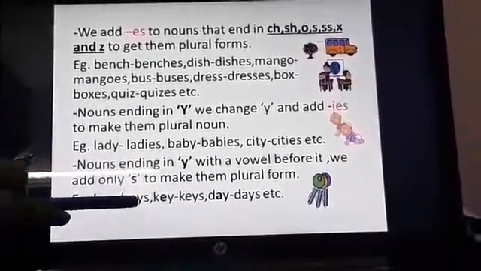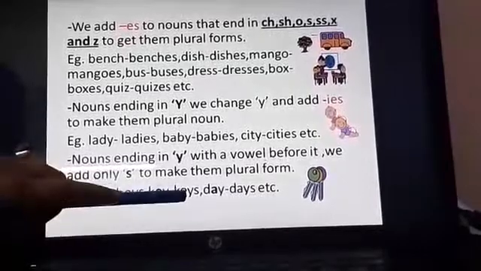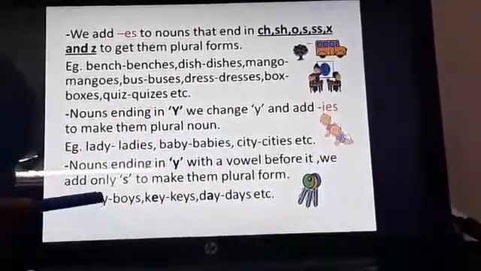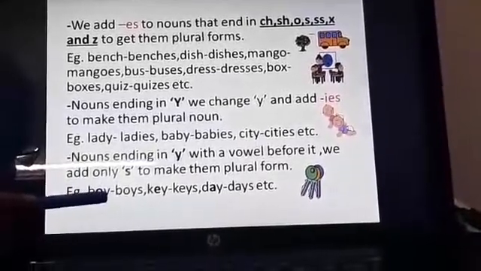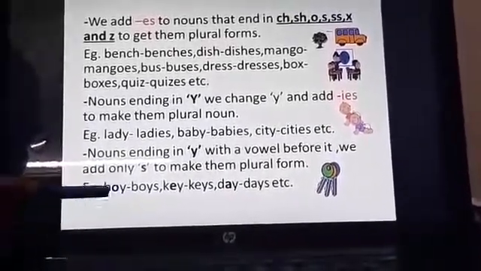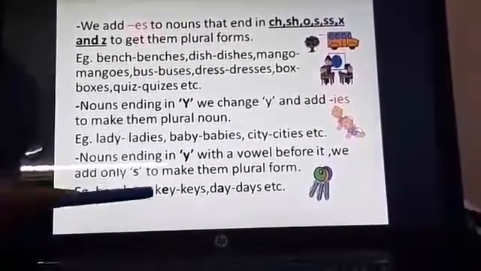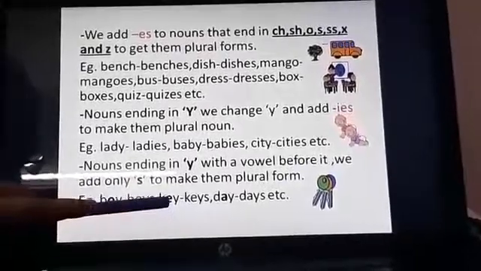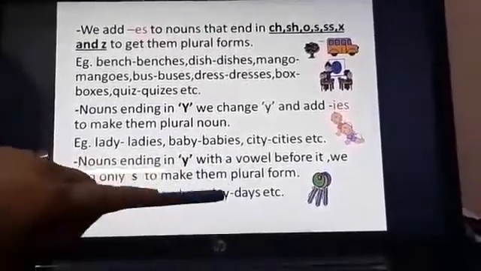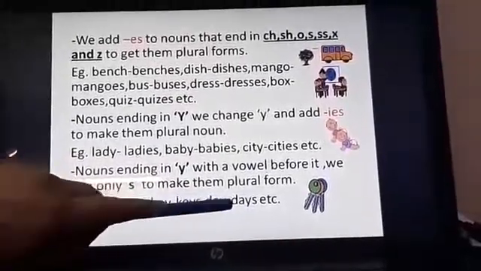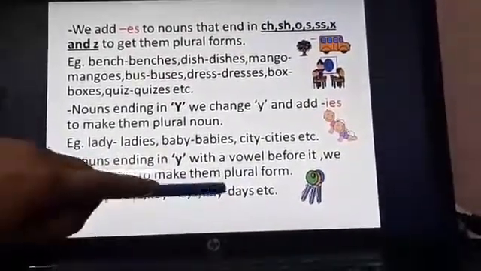Example, boy, boys, key, keys, day, days. Here boy, the noun is ending with y, but before it there is a vowel. So we will add only s. Same here, e is a vowel, a is a vowel. Okay, so we are going to add only s to these types of nouns.